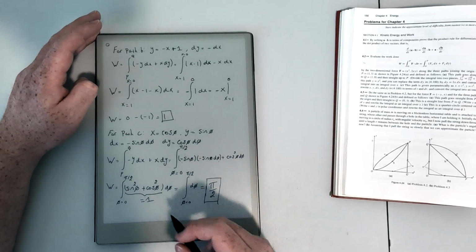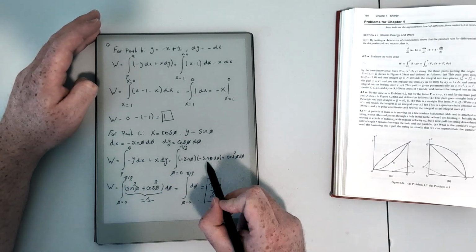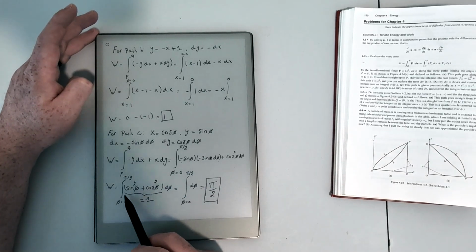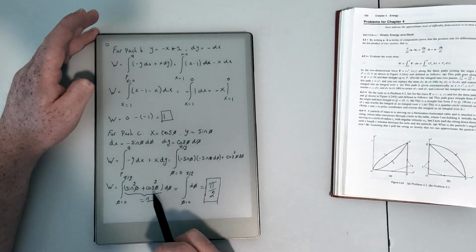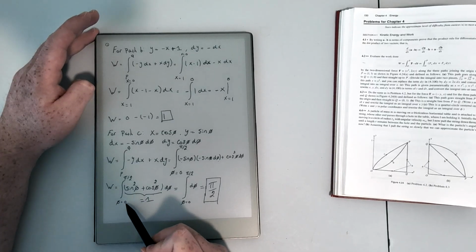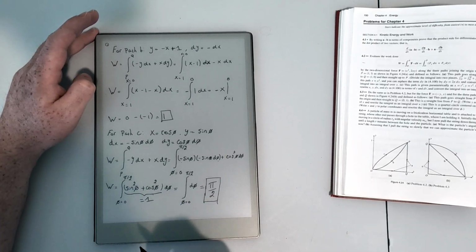Then we get sine squared of phi plus cosine squared of phi d phi. Well, this is a trigonometric identity. Sine squared plus cosine squared of phi is just 1, and our bounds are still 0 to pi over 2.